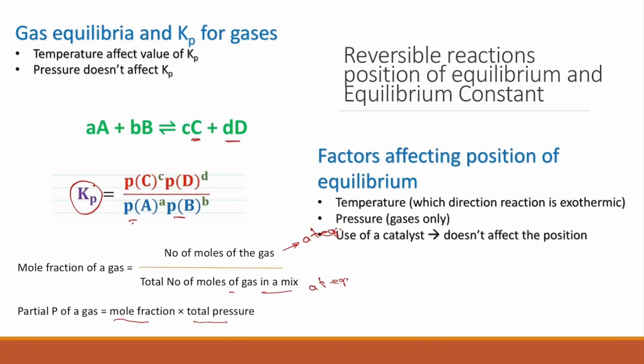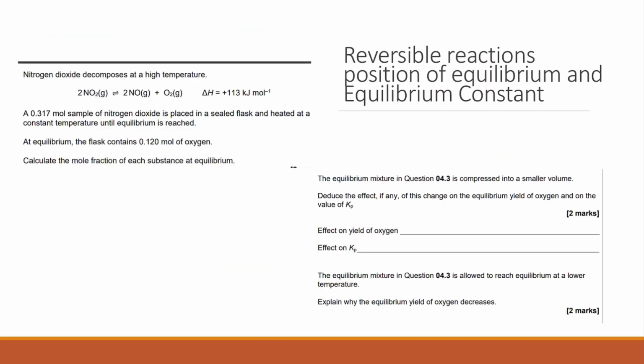And finally, the use of a catalyst. The catalyst does not affect the position of equilibrium, but it only affects the rate of the reaction, both the forward and reverse reaction, leading to reaching the equilibrium faster, because it increases the rate of both reactions by the exact same amount. So we just reach the equilibrium faster, but it doesn't affect the position of the equilibrium.